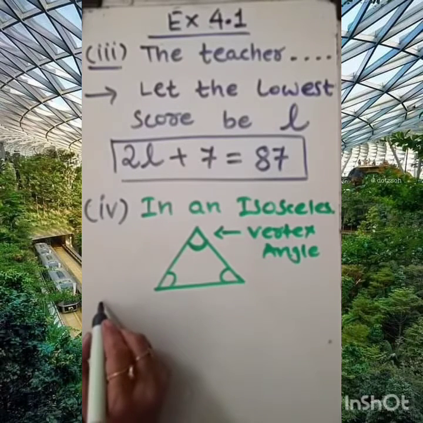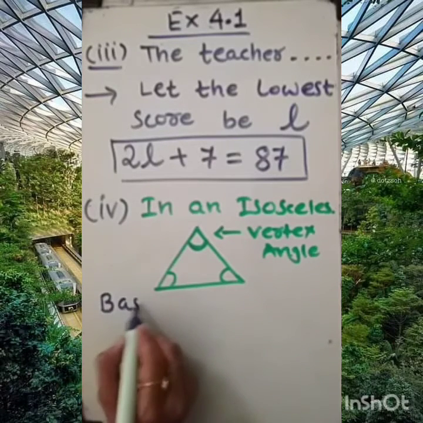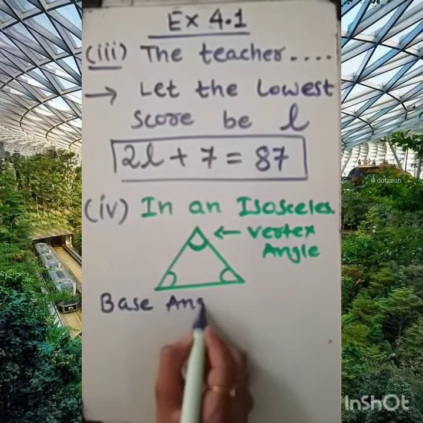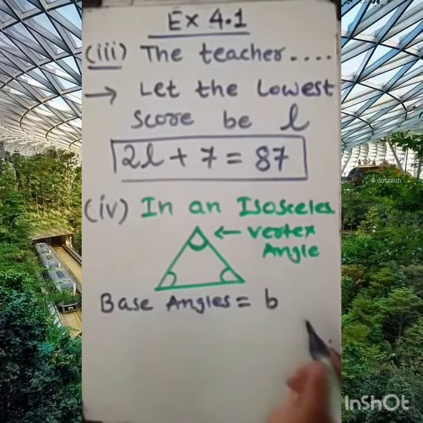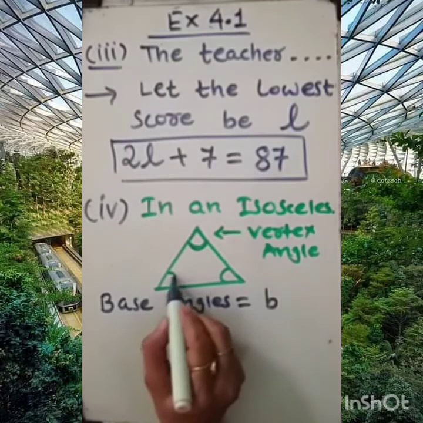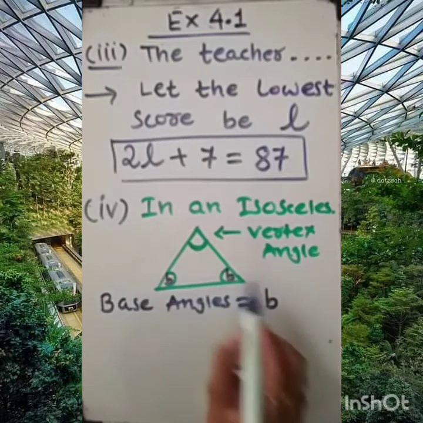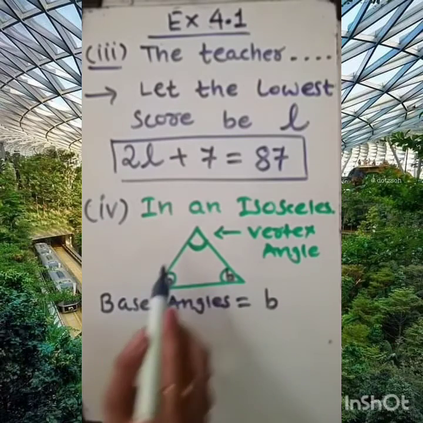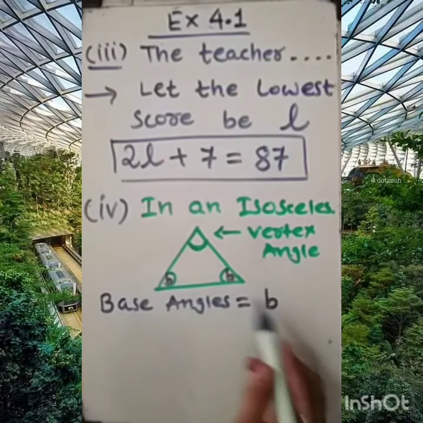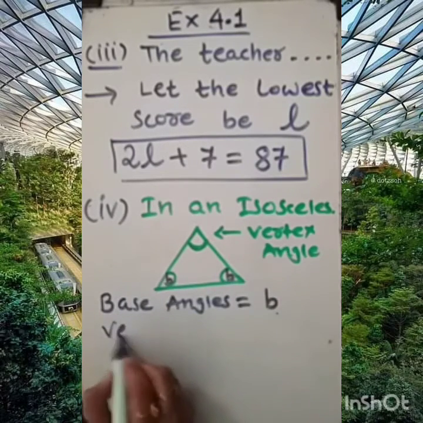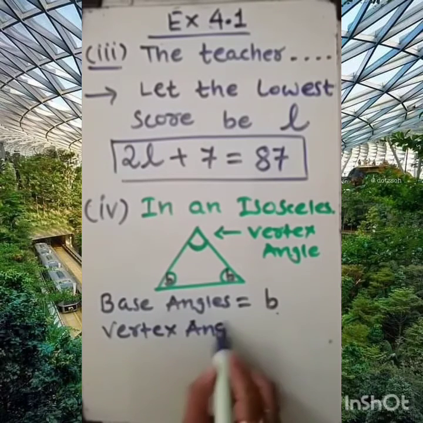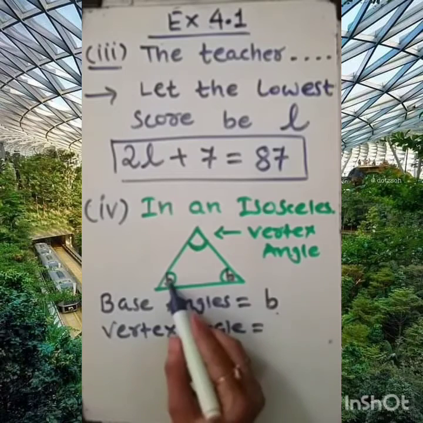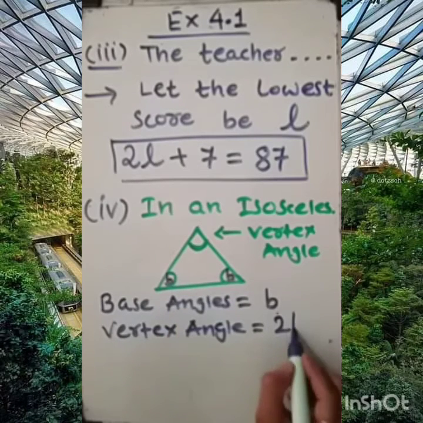According to the question, the base angles are b, means this is also b and this is also b. And the vertex angle is twice either base angle. So what will be the measure of the vertex angle? It will be double the base angle, so it will be 2b.